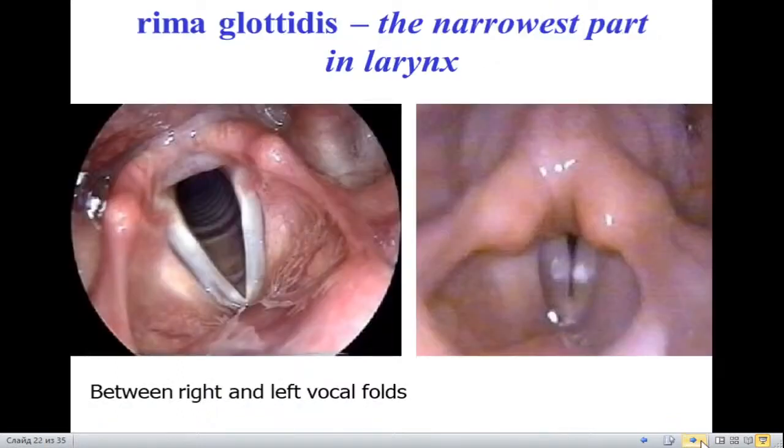Here you can see the picture observed in laryngoscopy, the visual examination of the larynx, and here you can see how the vocal folds look like. Right and left vocal cords.